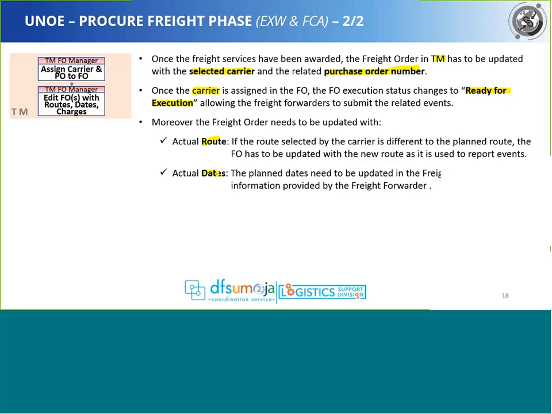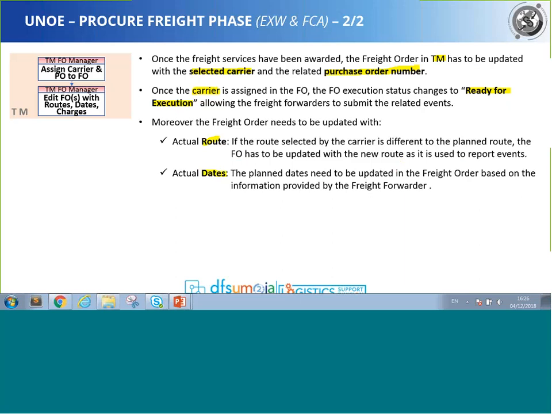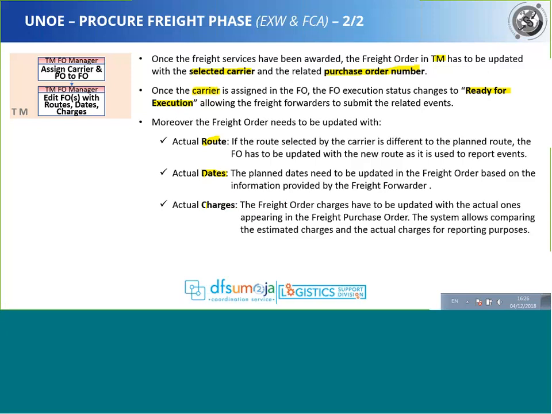We could change the dates from the planned dates automatically set by the system, in case the actual dates indicated by the freight forwarder are different. We can still go in TM and amend the dates, and the charges will need to be updated. Up until this point, we had only an estimation automatically calculated by the system based on the master data.